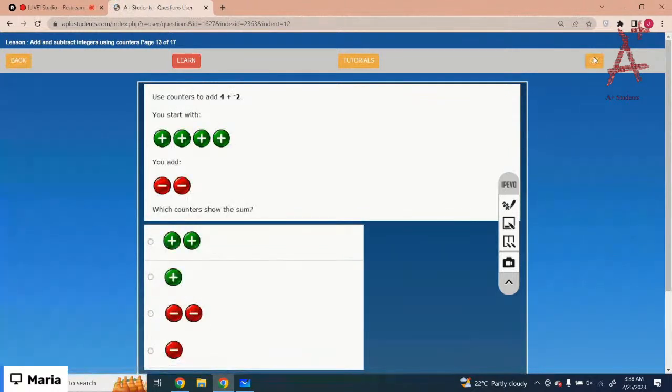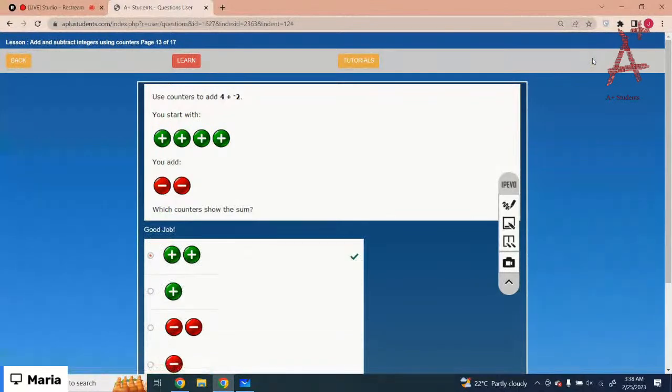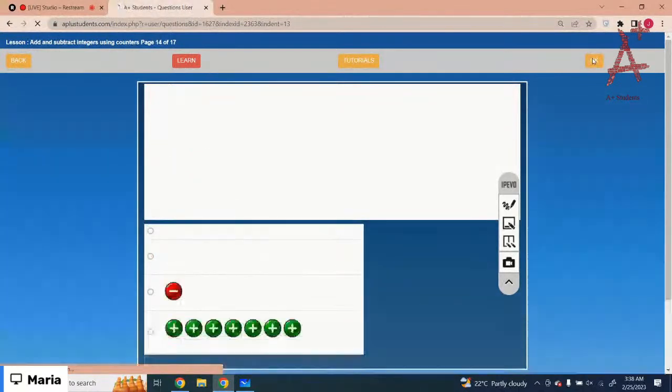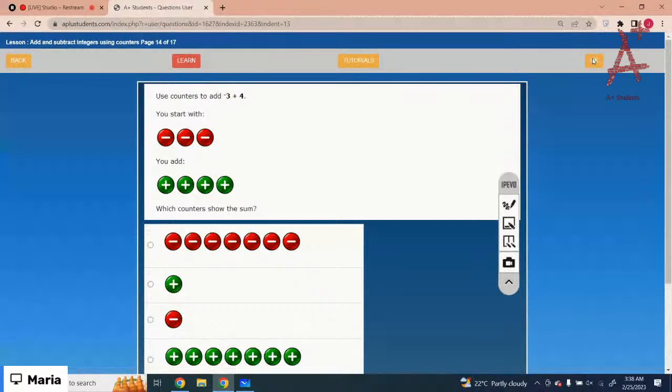Okay, the next one is 4 plus -2. You have to cancel out the same counters, so you're left with just 2 positive counters. Got it? -3 plus 4, you can cancel out the same counters and you are left with just 1 positive counter. So the correct option is +1.